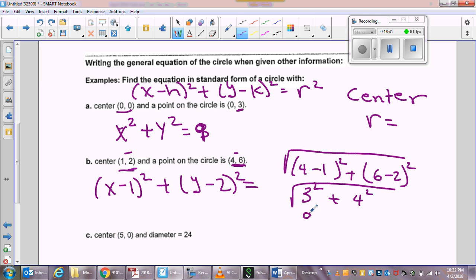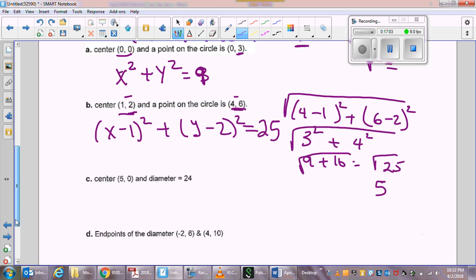So this is going to give me 9 plus 16, which is 25. So the radius is going to be what? 5. But I need to put radius squared. So what is radius squared? 25, right? And that's what I have to do.